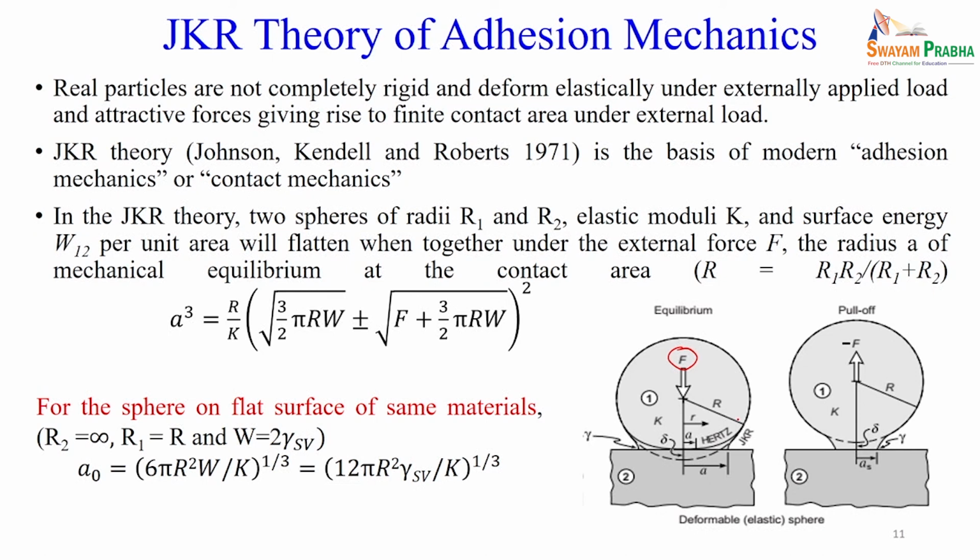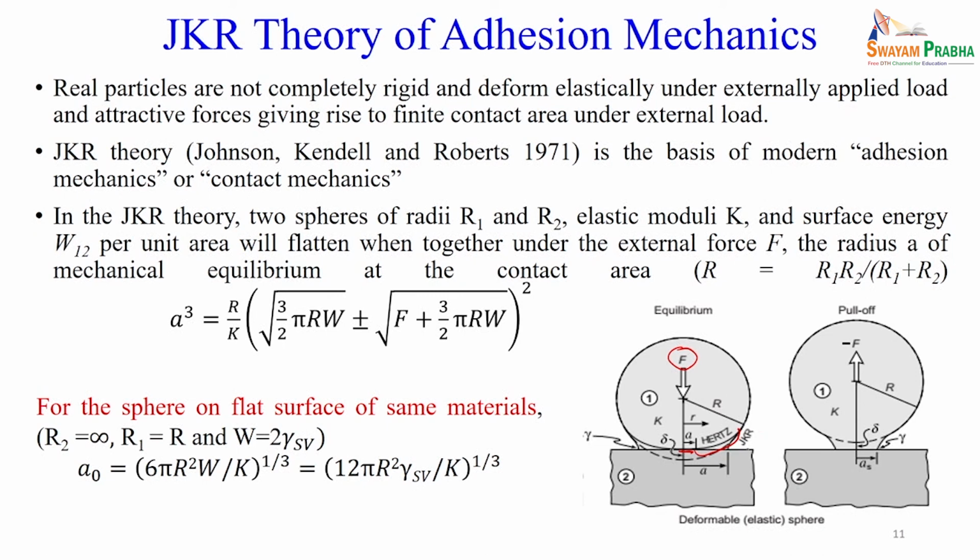That is known as the JKR, Johnson, Kendall and Roberts theory. But at the same time, if you see here, only up to here it is in contact, but from here to here it is not in contact, it is non-adhering. That is known as the Hertz surface or the Hertz area.